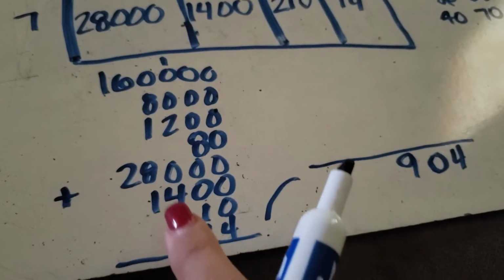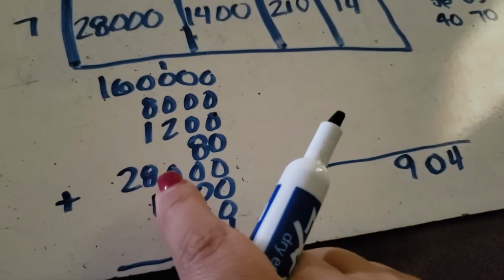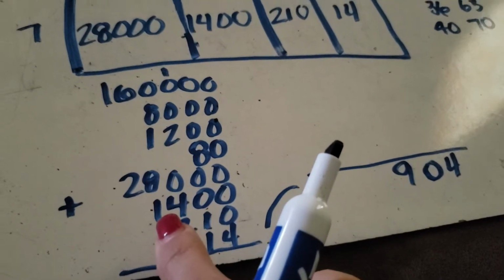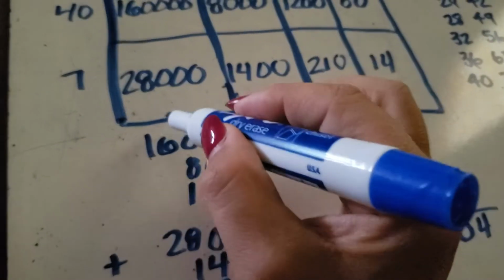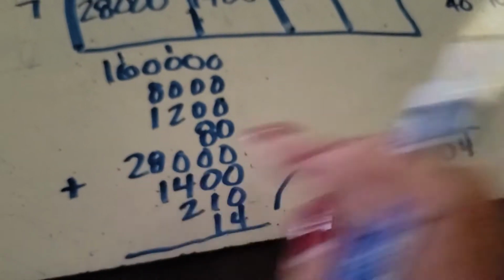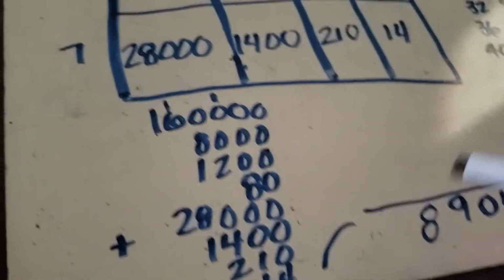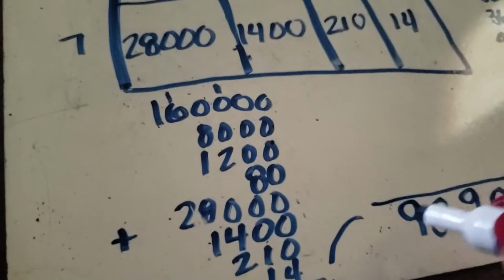So I have done the first 3. Then I go here. 8 plus 1 is 9. Plus 8 is 17, plus 1 is 18. 8, carry my 1. 1 plus 6 is 7, plus 2 is 9. So I'm going to put a 9. And then I have just the 1 all by itself.